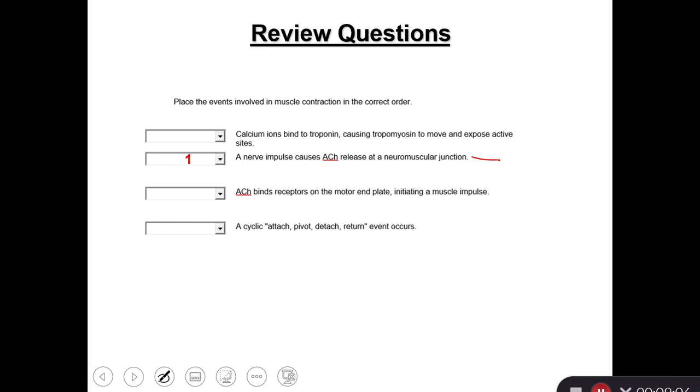Then acetylcholine binds to its nicotinic receptors in the sarcolemma, and this triggers calcium release from the sarcoplasmic reticulum. Calcium unlocks troponin, tropomyosin moves away, and now actin is exposed. Then the myosin attracts actin to the center of the sarcomere and utilizes ATP for that, which is the source of energy. These are the skeletal muscle cell contraction steps.